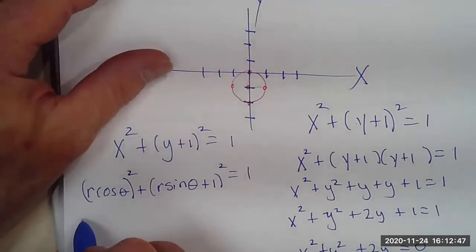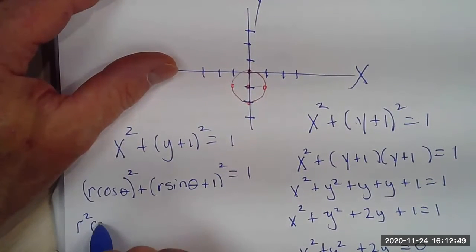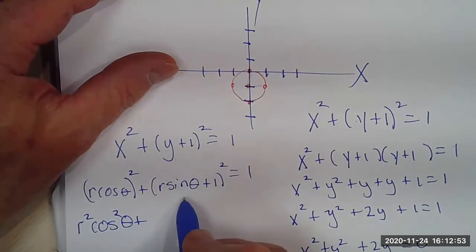Okay, this right here is r squared cosine squared theta plus, write this down twice.